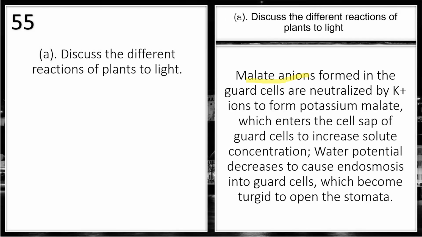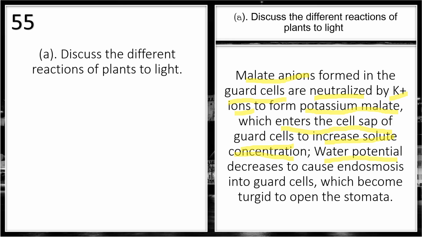Malate ions formed in the guard cells are neutralized by the potassium ions to form potassium malate, which enter the cell sap of the guard cells to increase the solute concentration.